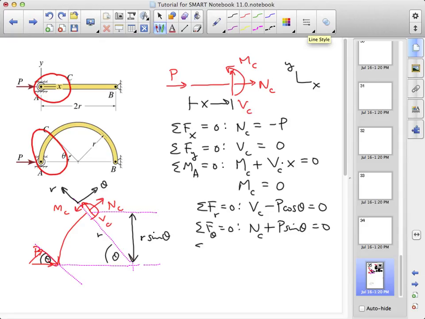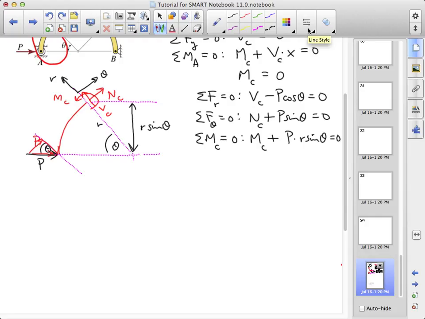And taking moments about C, we have the bending moment at C plus the contribution from P, which is now just P times the moment arm, r sine theta, and is positive, is 0.